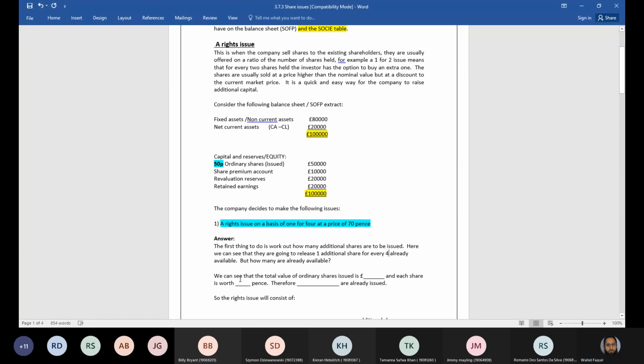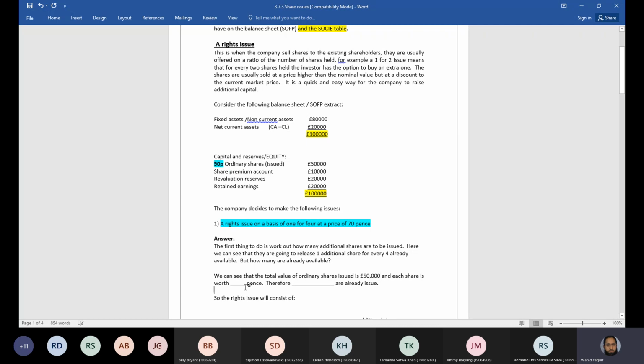Okay. We can see that the total value of ordinary shares issued is... That's the value of ordinary shares. So pop that in. How much they've raised by selling shares at 50p.